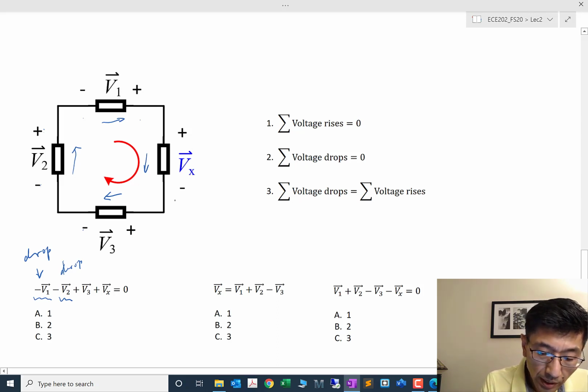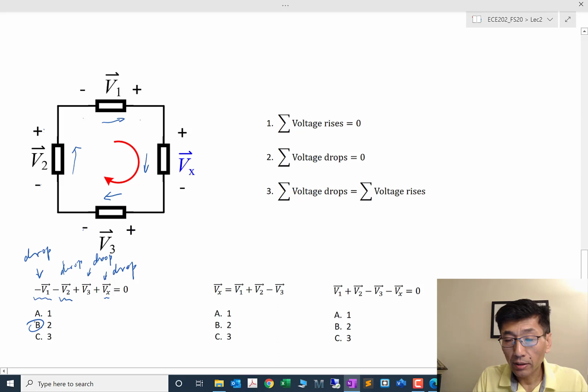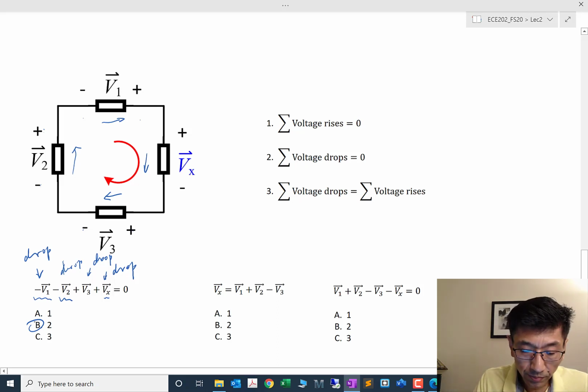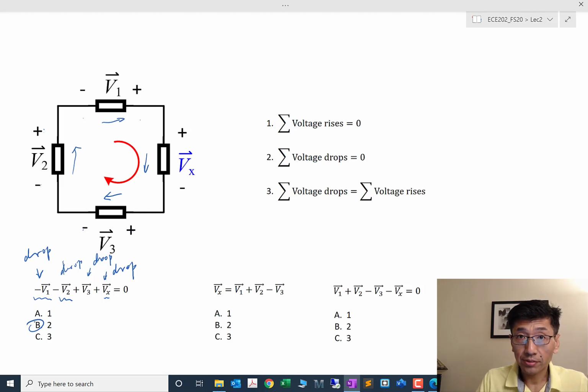And for Vx, I have the voltage drop. So these are all voltage drops, right? Adding these voltage drops should add up to 0. I hope this is clear to everybody.